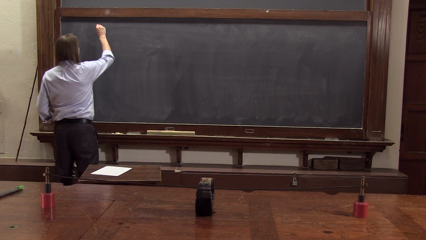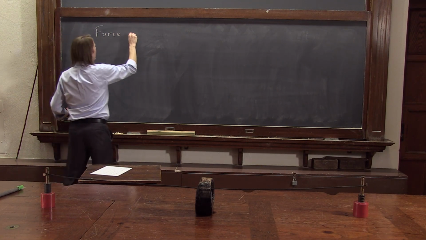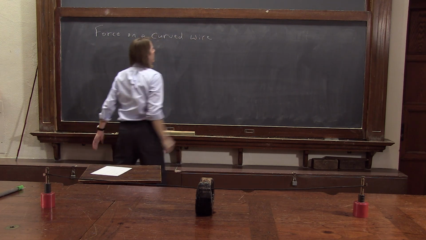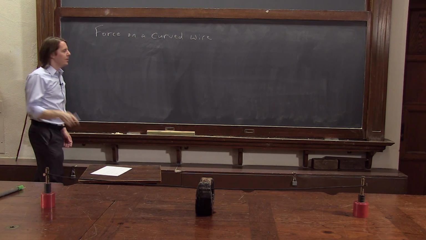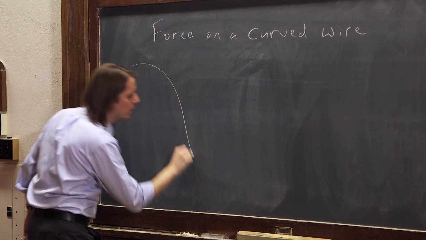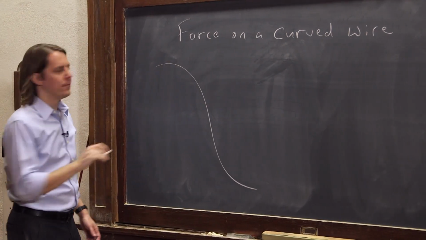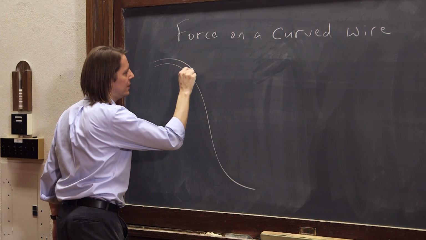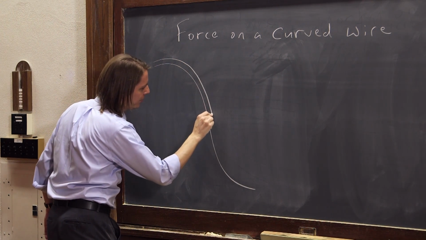Here's force on a curved wire. All right, so now instead of a straight wire, let's have a very curvy wire. And let me try to draw it nicely. It has a uniform diameter.